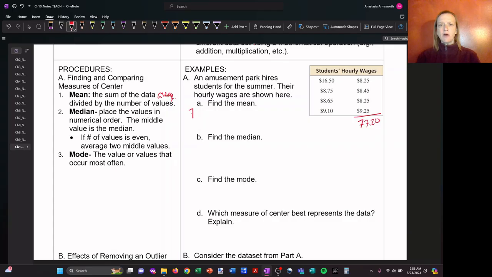Then I divide by the number of values I actually added together. There are 8 hourly wages listed in this table, so I divide by 8. When I do the division, I get an answer of $9.65. So the average hourly wage for these students at the amusement park is $9.65.